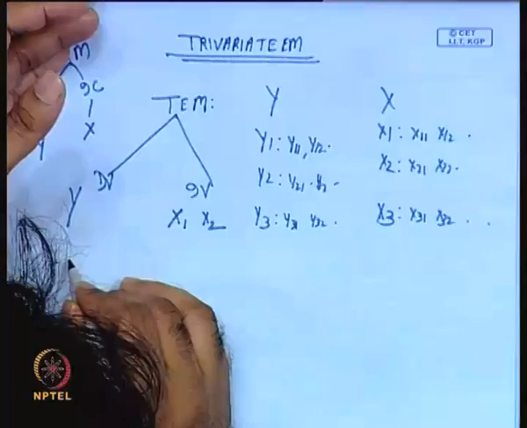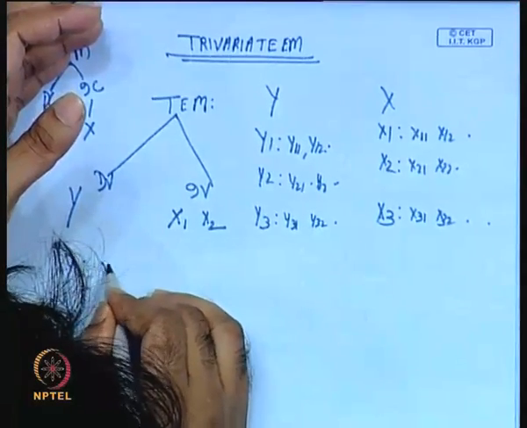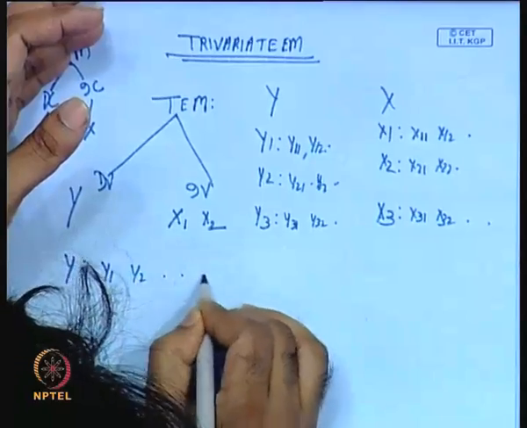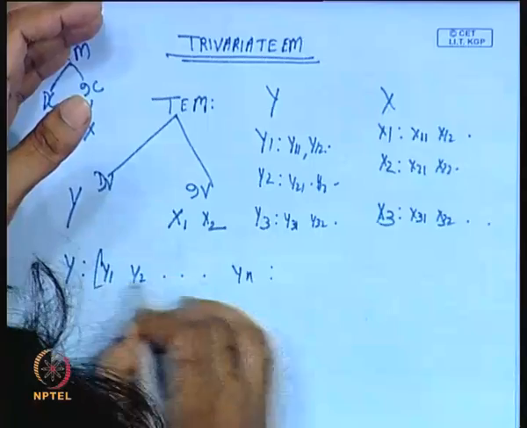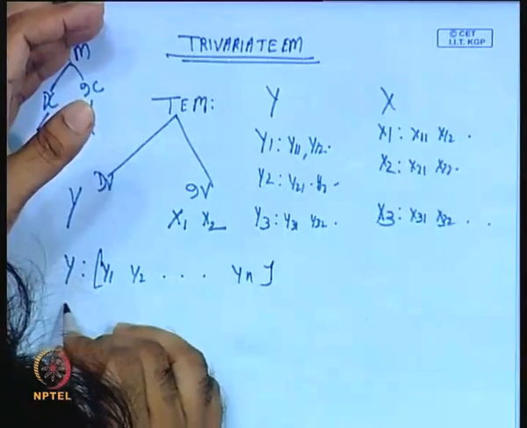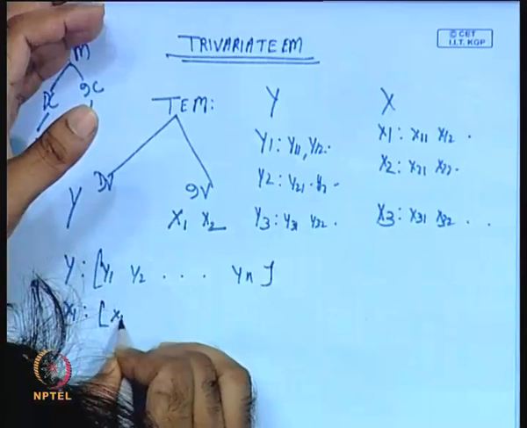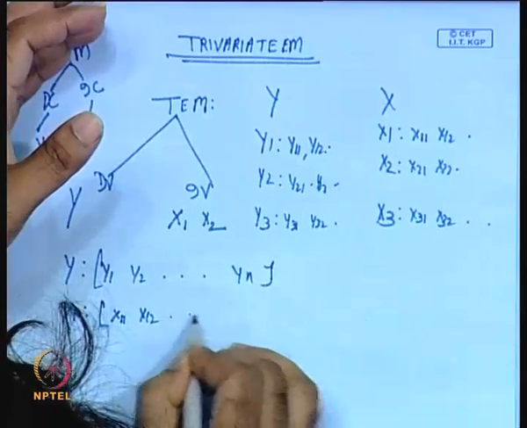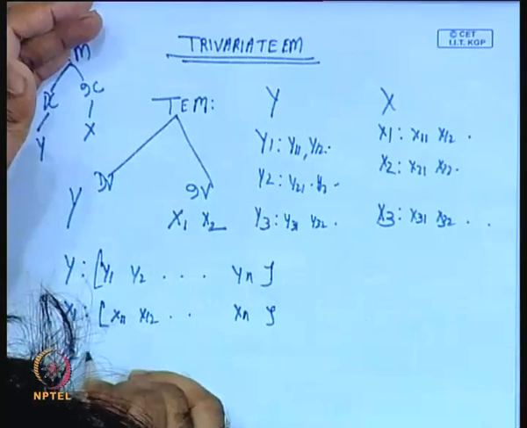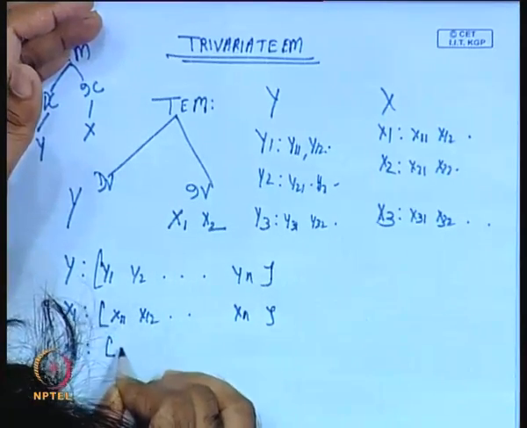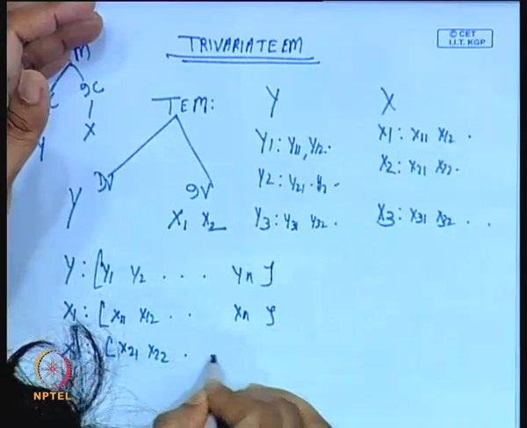Now let us assume that y consists of several items, say y 1, y 2 up to y n. This is how the y observations are structured. Then x 1 is another variable, structured as x 1 1, x 1 2 up to x 1 n. Similarly, we introduce another variable x 2, represented as x 2 1, x 2 2 up to x 2 n.